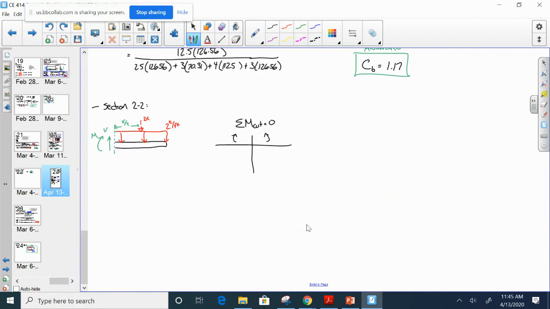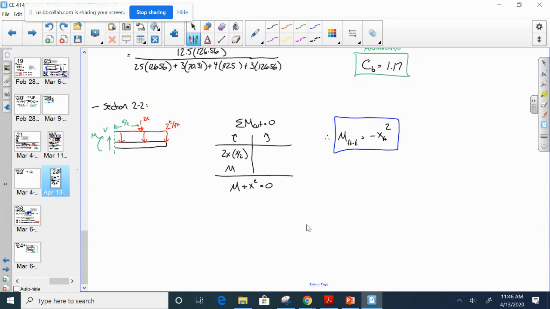All I've got is 2x times x over 2, and I've got M. So M plus x squared is 0. So my formula is a lot simpler. I get moment in foot kips is just minus x squared as long as x is in feet. So it's a lot easier.